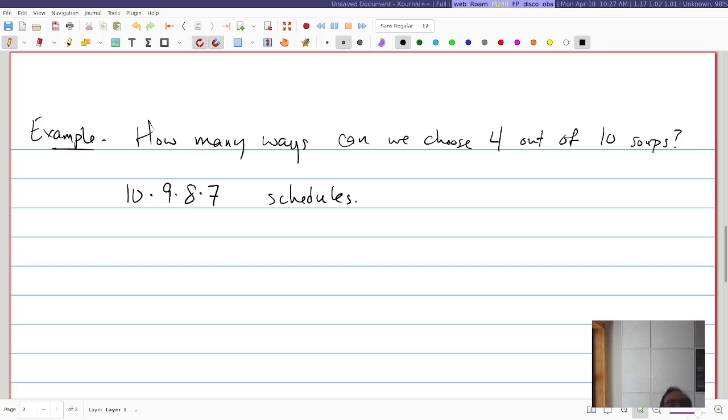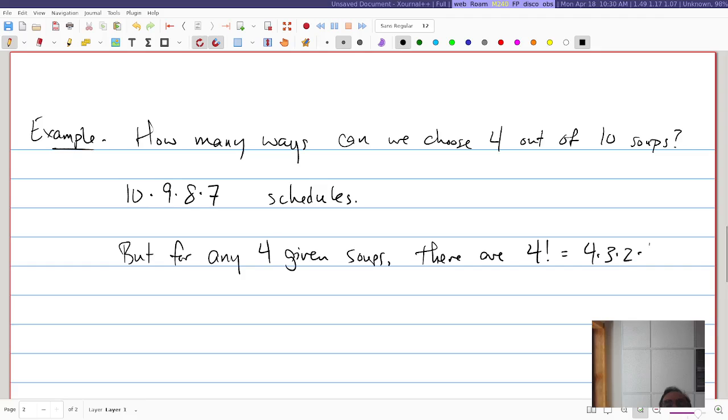So for any 4 given soups, there are 4 factorial, 4 times 3 times 2 times 1, different orders I can put them in.